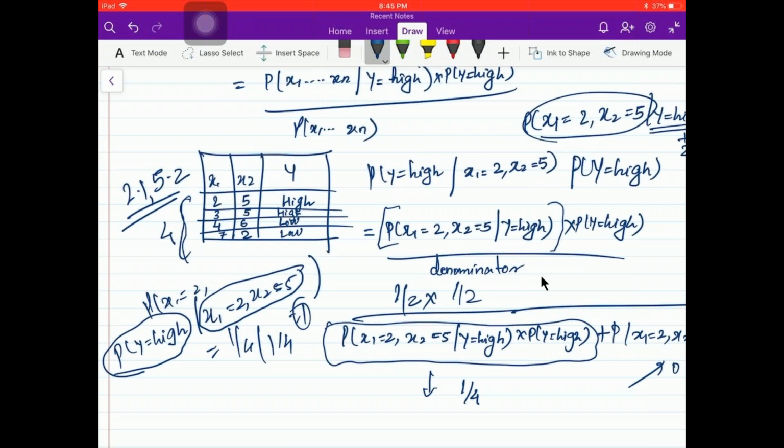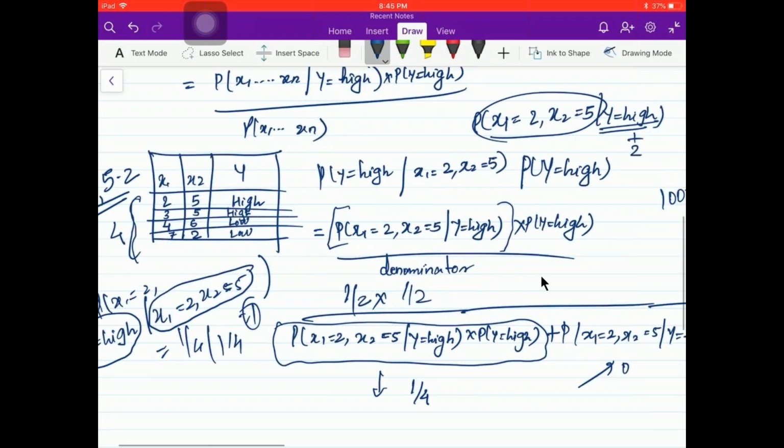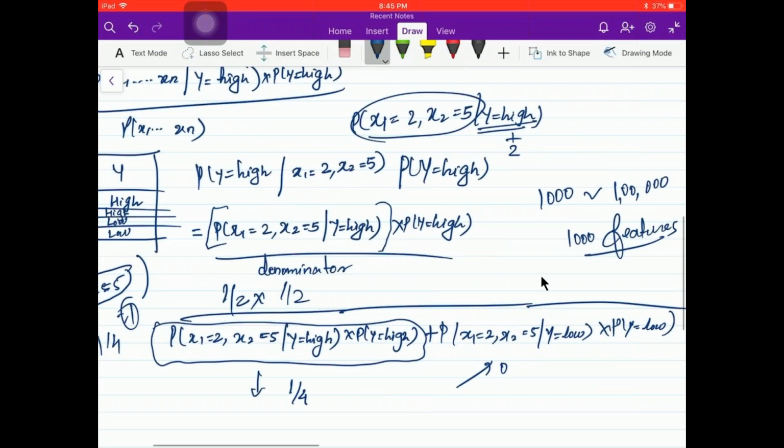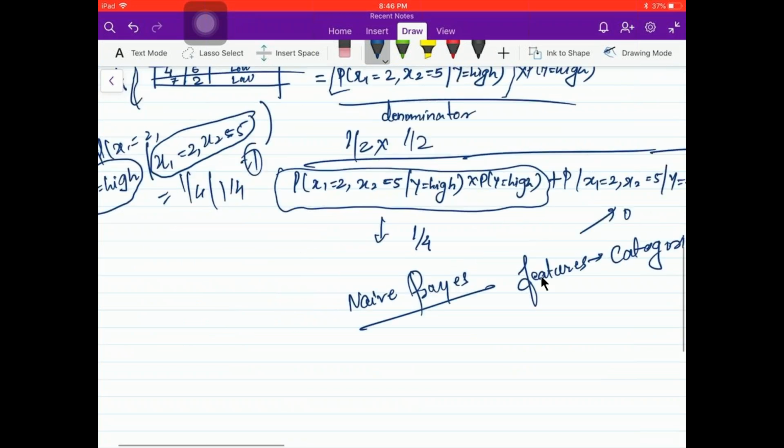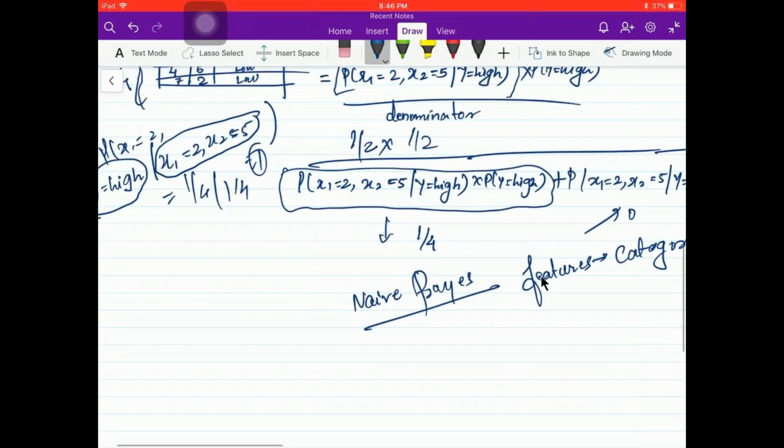So first, let us understand how naive Bayes behaves when the features are categorical. When the features are categorical, like how I stated here, assume that these were categories 2, 5, 3, 5, 4, 6, and 7, 2.